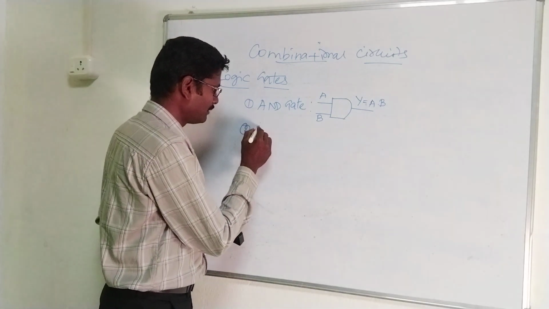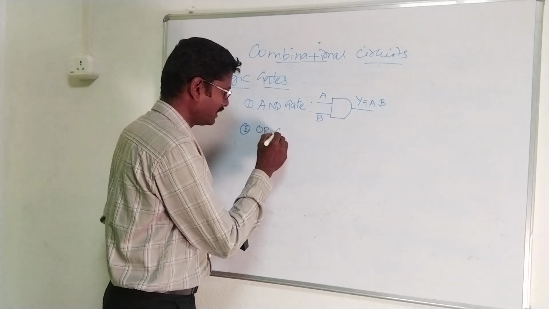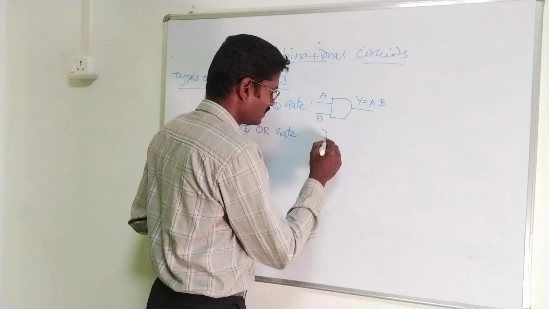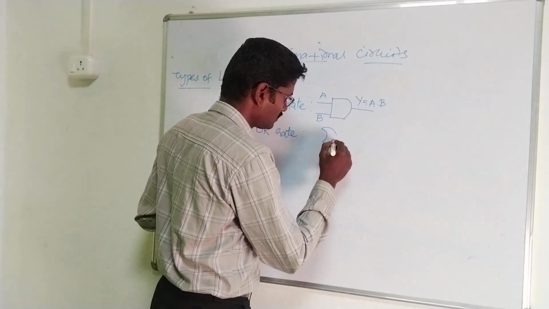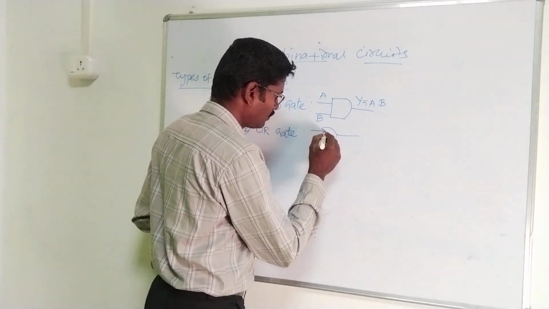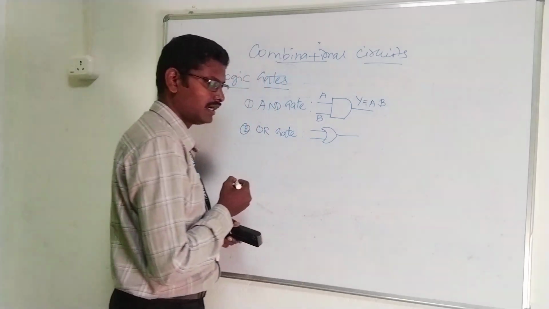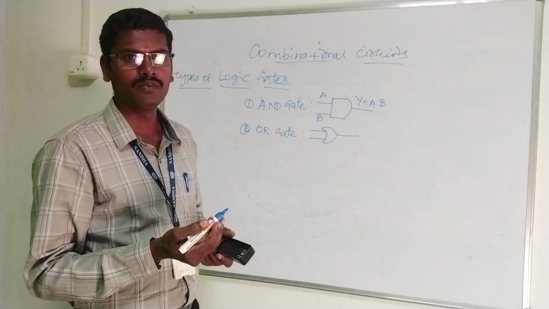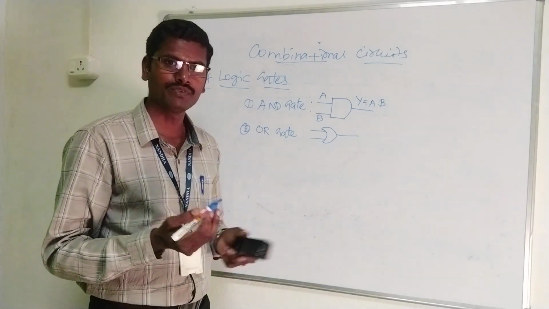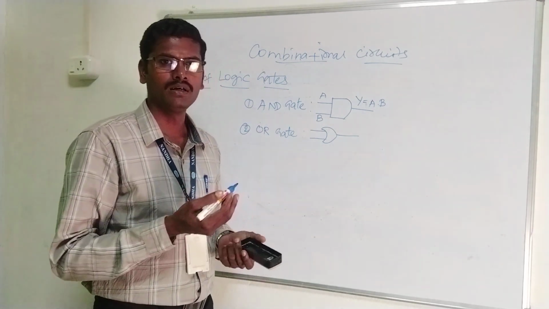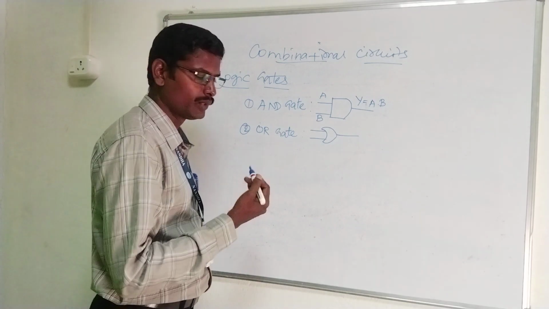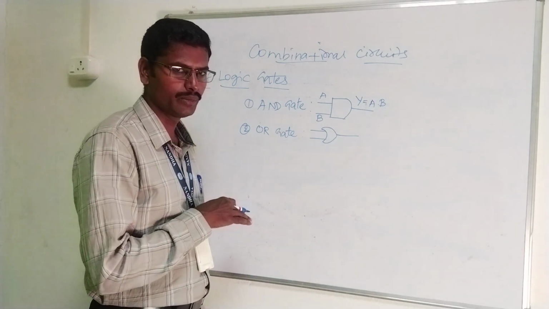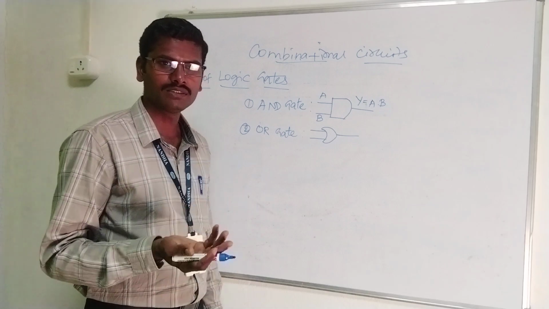The next type of logic gate is the OR gate. Normally we will have a two input AND gate or OR gate, or based on the application we will use 3 input AND gates or OR gates. The number of inputs does not matter; we have two input gates as well as 3 input gates.